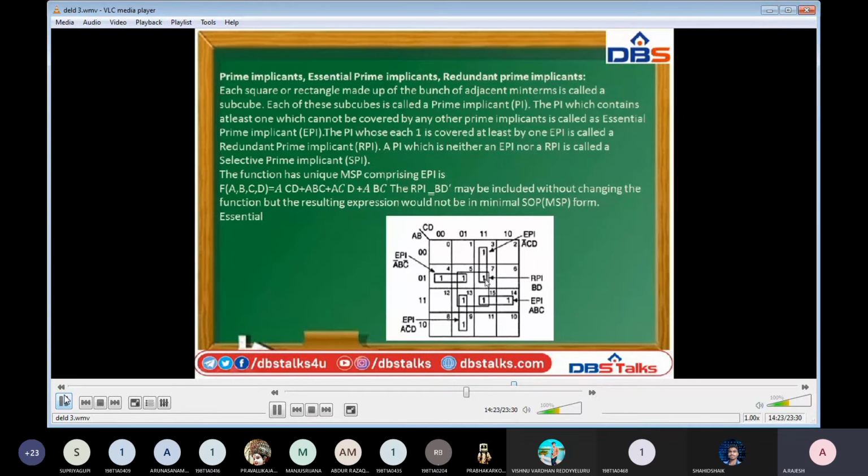That means, suppose for example here we can see that this one is not covered previously. For example, if you see the example here, they have given 0, 1, sorry 3, 4, 5, 7, 9, 13, 14, 15. Here we are not making it as a 3.